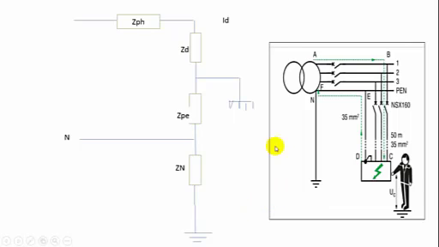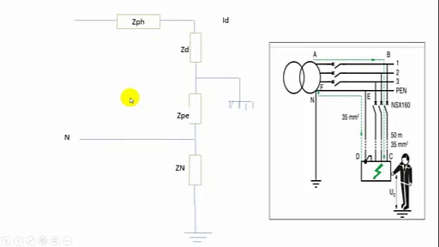So we should calculate the fault current which passes in this circuit, passed by the phase cable, by the impedance of the phases, the impedance of the fault, and the impedance of the PE.